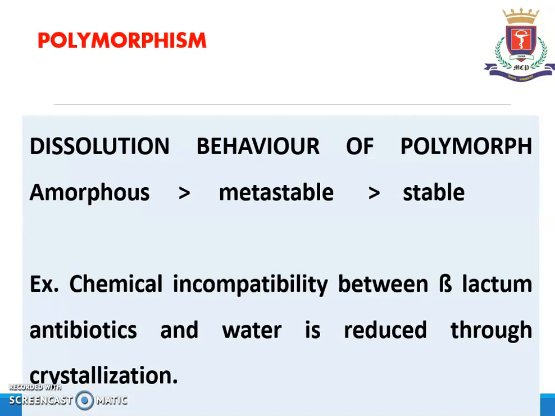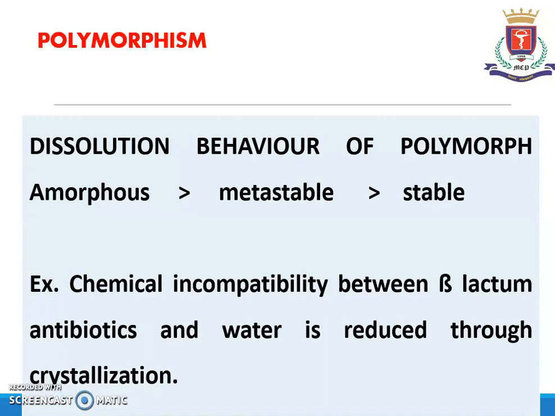Now from this, what we can understand is the dissolution behavior of the polymorphs. If we want to rate the various polymorphic forms with respect to dissolution properties, the amorphous form has better dissolution as compared to the metastable form, and then as compared to the stable form.